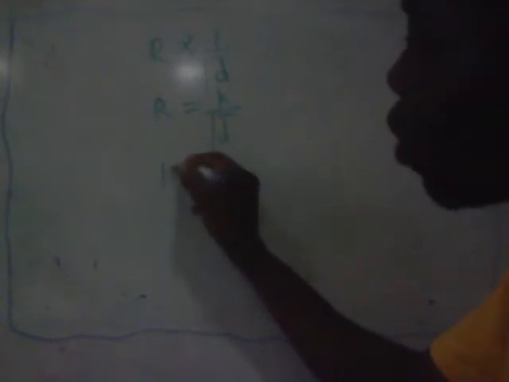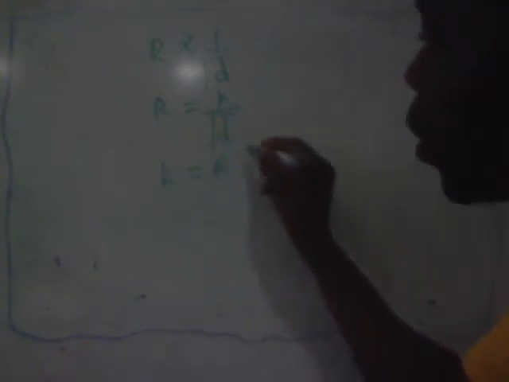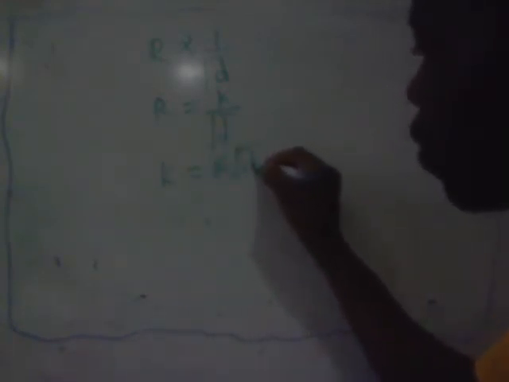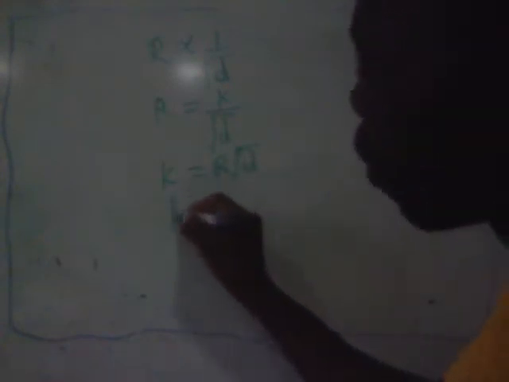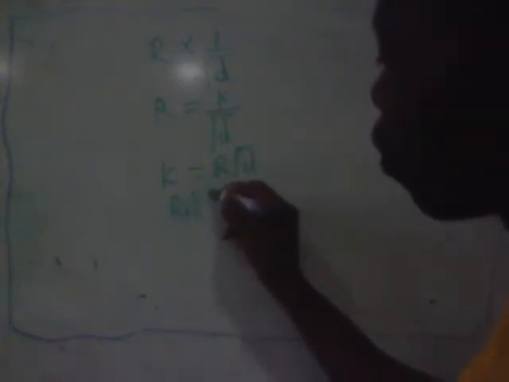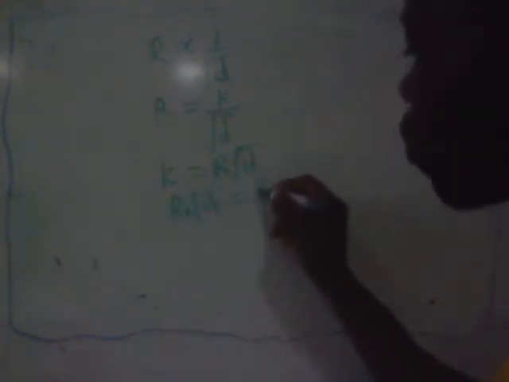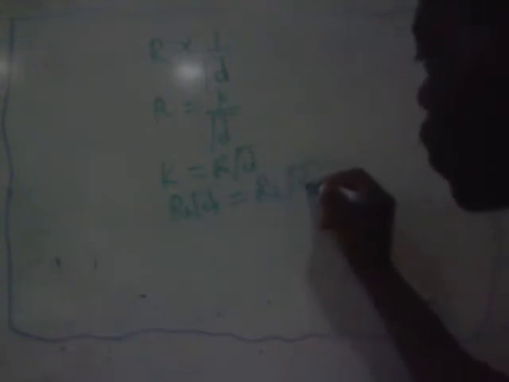Let's make K the subject. So K, the constant, equals R multiplied by square root of d. The constant means that R times square root of d for two gases will be R1 square root of d1 equals R2 square root of d2.